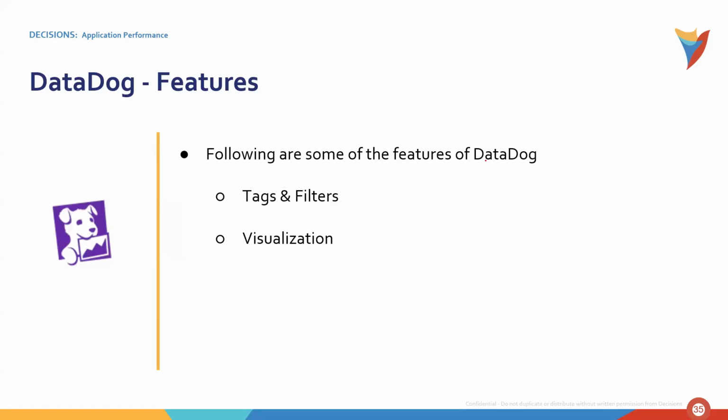It also provides us with visualization of the data in terms of graphs and charts. Let's say there is CPU utilization, it's going to provide me a graph on the CPU utilization. So it gives me some dashboards that I could use.